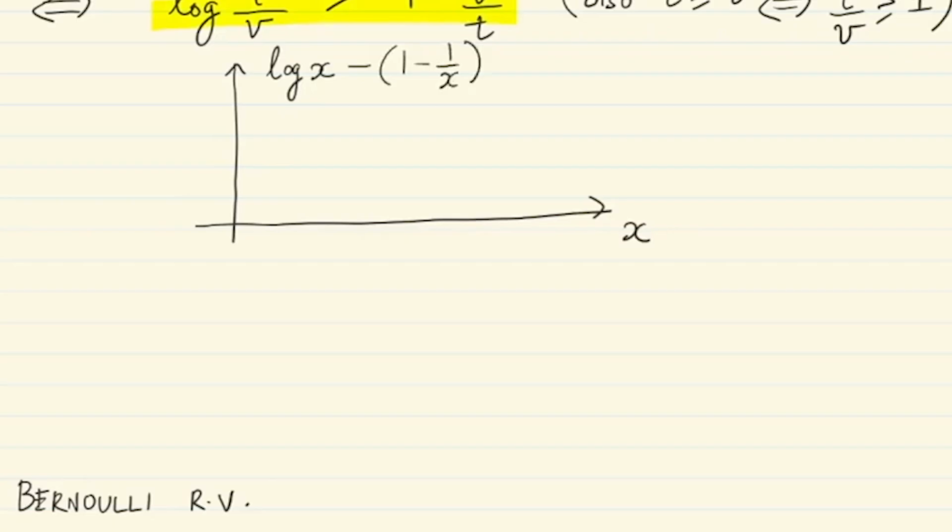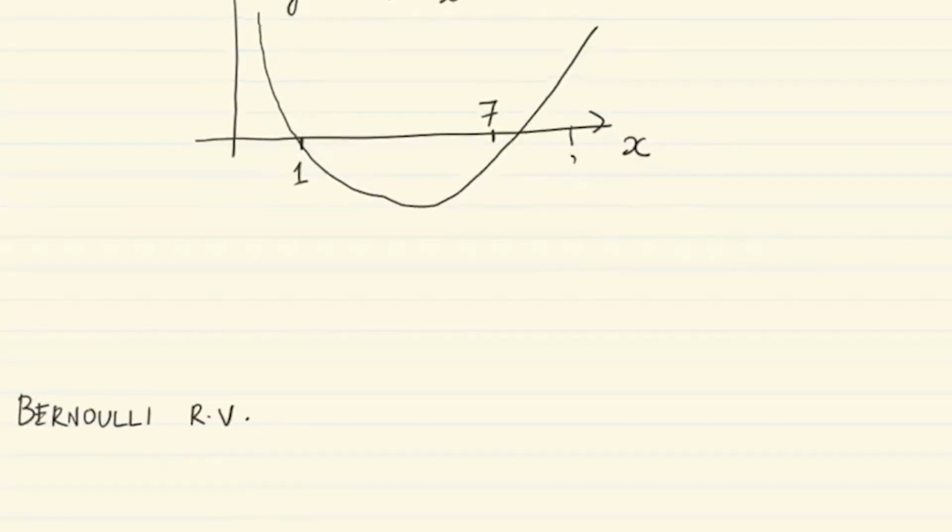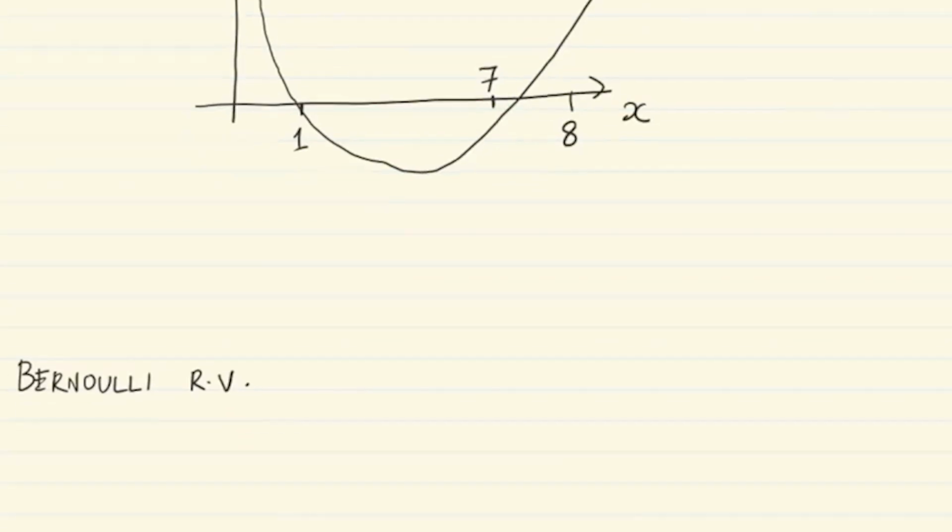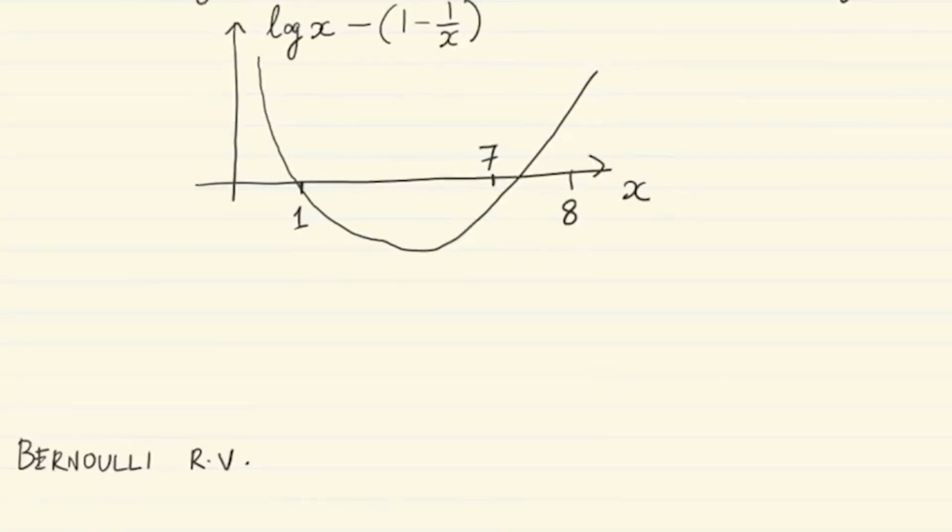And if you plot this function, it will look as follows. At 1 it will become 0, and it will rise only after some time. At about 7.2 or something, this function again starts to rise above 0. So this is how log x minus 1 by x looks.